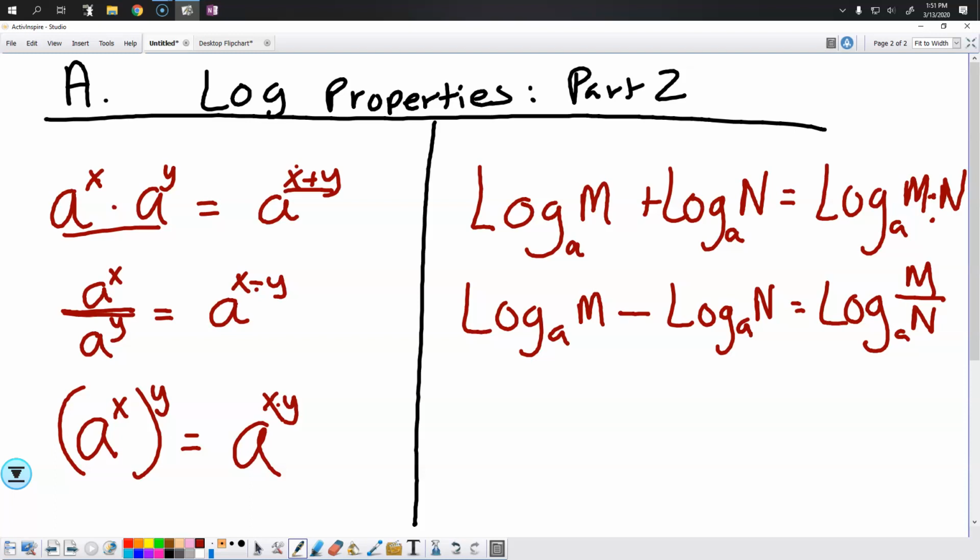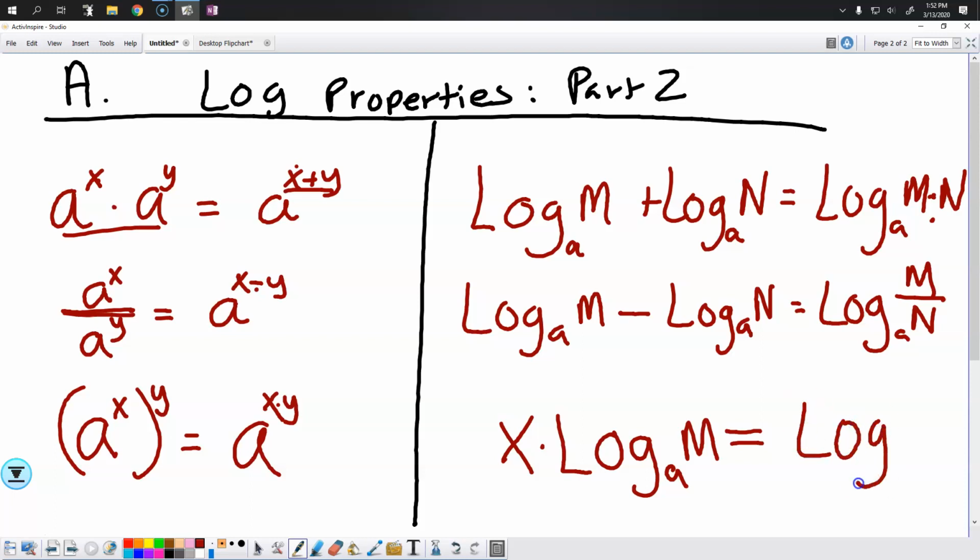If you have a number that's multiplying your log, like let's say x times log base a of m, we could rewrite that as log base a of m to the power of x. Okay?